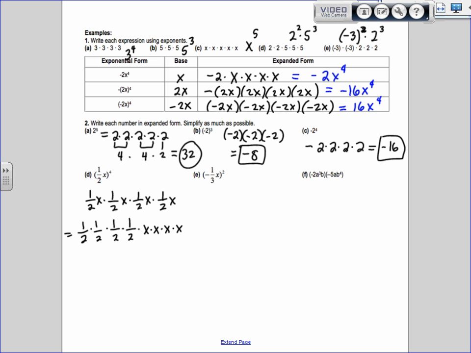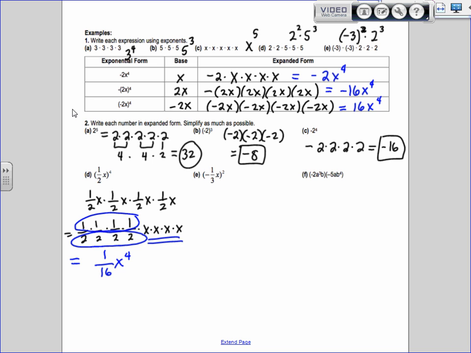So if I had 1/2 times 1/2, that's 1/4, right? So if I have 1/2 times 1/2 times 1/2 times 1/2, I multiply across the top and get 1. I multiply across the bottom and I get 16. And then I multiply these x's and have x to the fourth. So it's 1 over 16 x to the fourth. You could also have x to the fourth all over 16, right, if you multiply the x to the fourth in.